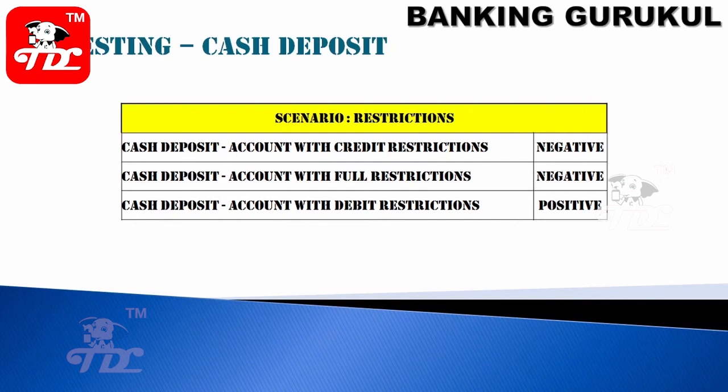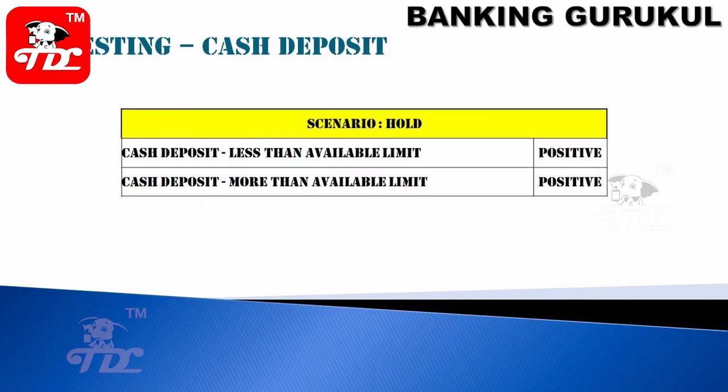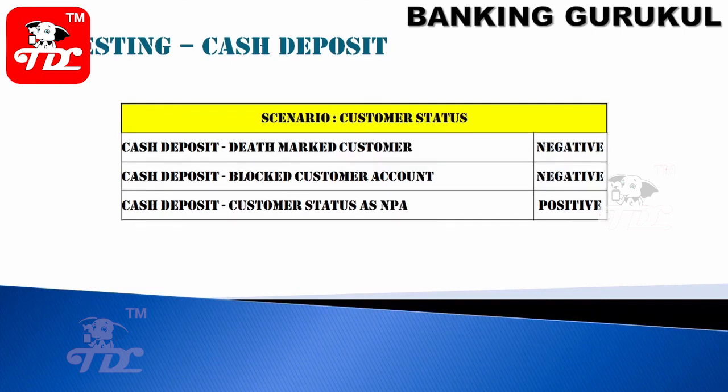Cash deposit into an account with a debit restriction: a debit restriction means you can deposit cash into the account, so this is a positive scenario. And a scenario on hold: you have a 50,000 balance, 10,000 is on hold, and 40,000 is available for withdrawal. You want to check that hold limit also. You can check less than the hold balance, more than the hold balance, or the available balance, and you can verify the hold value also.